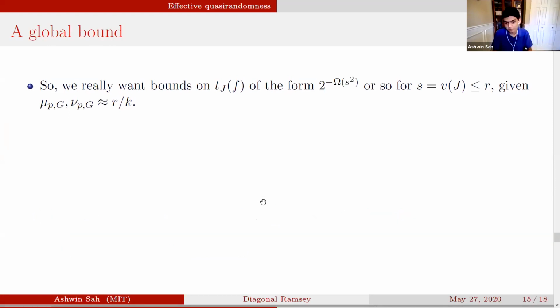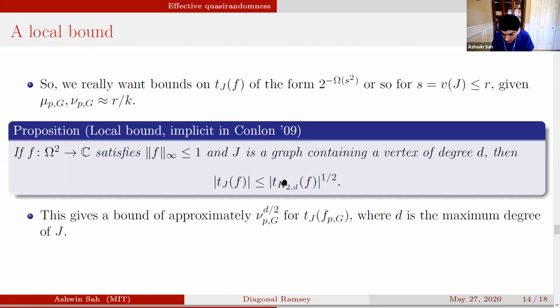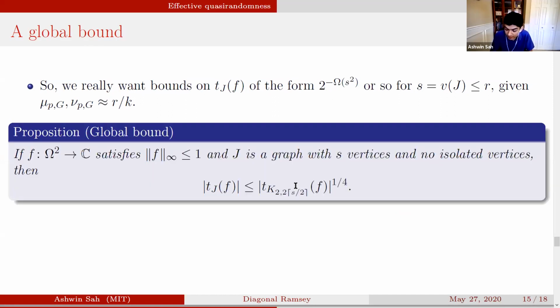The way we do this is as follows. Here's the proposition that I proved in my paper: given a graph J, say it has s vertices and no isolated vertices, then we have the following bound. So instead of a bound on the degree d of a single vertex, we have a bound that depends on the total.